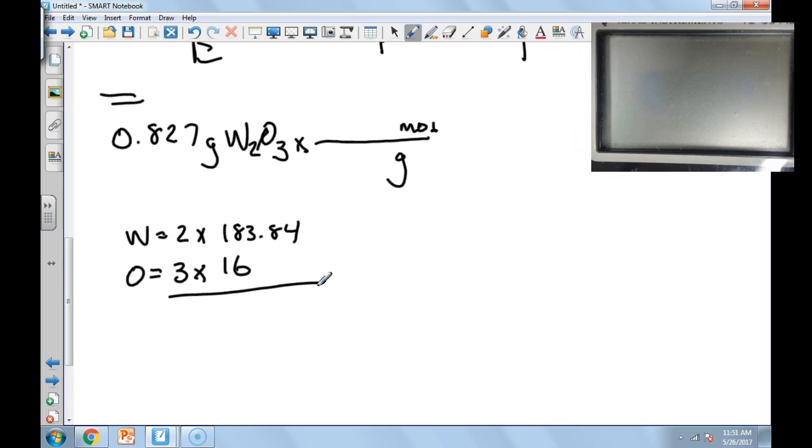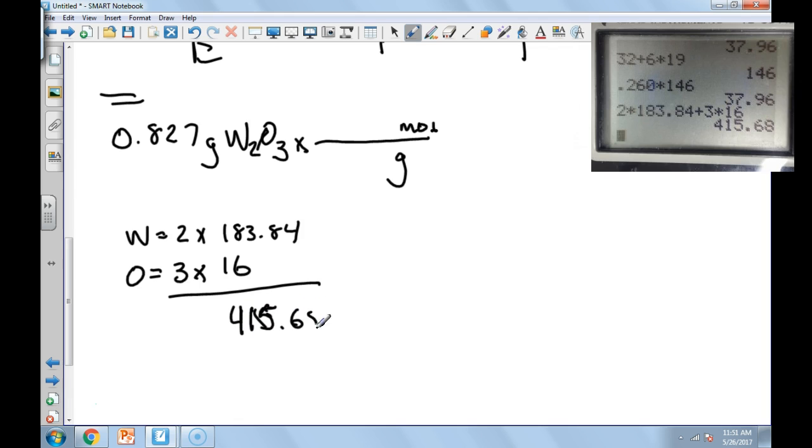So now the molar mass of that is 2 times 183.84 plus 3 times 16, and we get 415.68. So this is 1 mole per 415.68 grams.